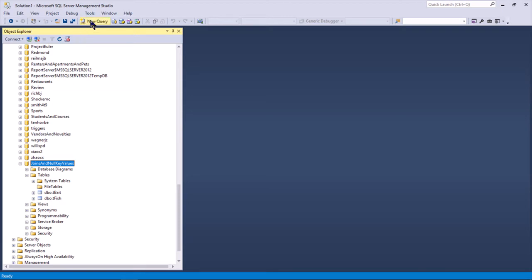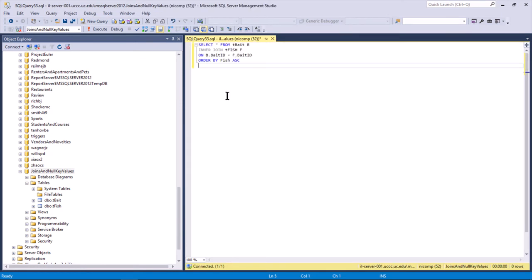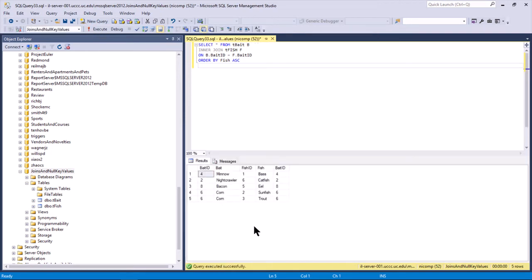You can open up a query window. You can paste in the SQL right off the slide, and you can execute that. And you get the same results that we got on the slide. We only get the rows that are common to both tables. In other words, we're only going to get rows where the foreign key in the fish table is non-null, and there is a corresponding primary key in the bait table.